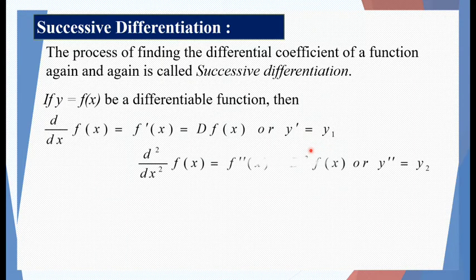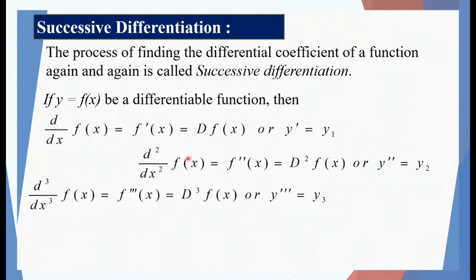Similarly, if we want to differentiate it again, it becomes d2 over dx square of f(x). This can be written as f double dash x or D square of f(x) or y double dash or y2. Likewise, the third derivative can be represented as d cube over dx cube of f(x), or f triple dash x, or D cube f(x), or y triple dash, or y3.